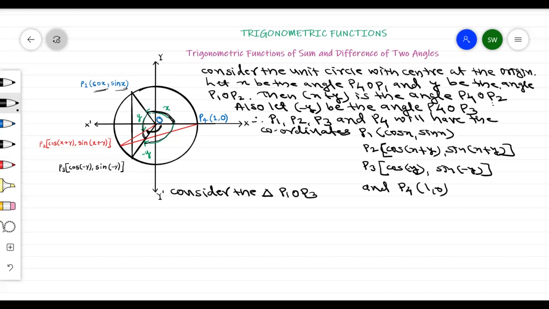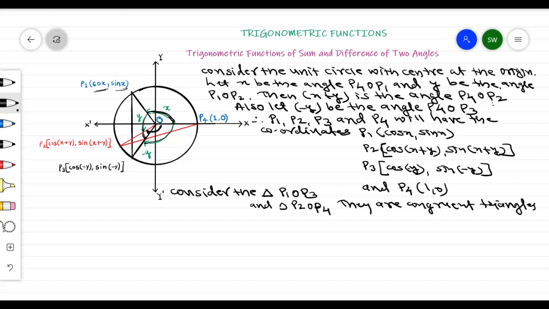They are triangles P1OP3 and P2OP4, and they are congruent triangles according to the SAS criterion.